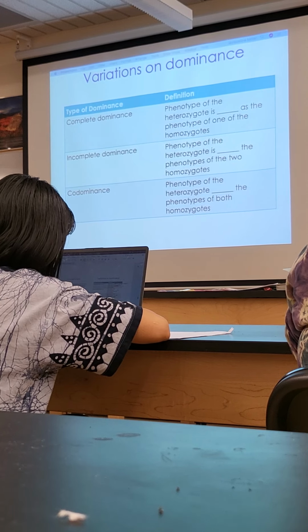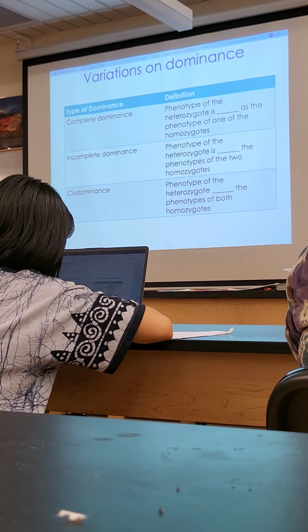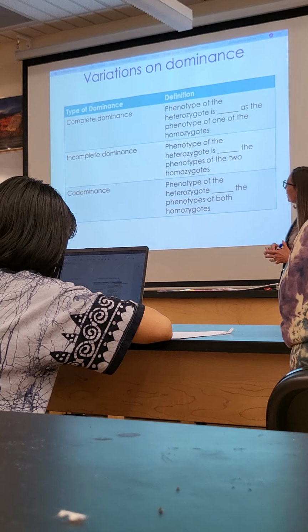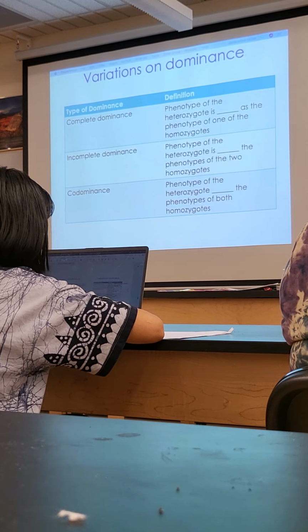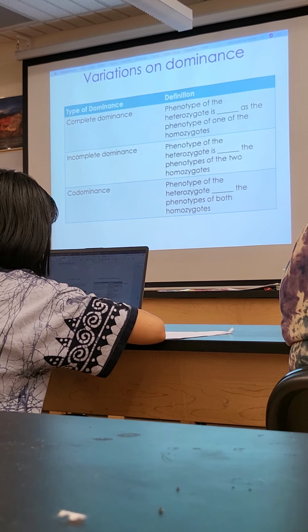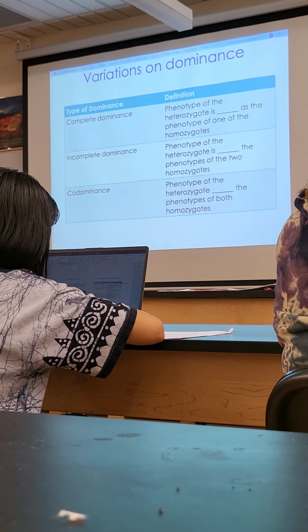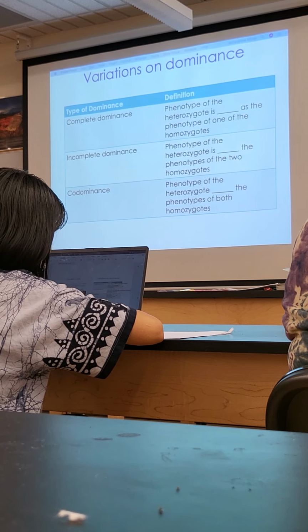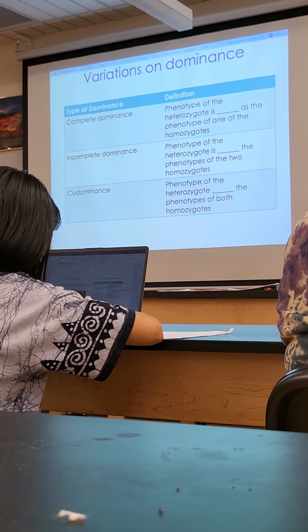Incomplete dominance: the phenotype of the heterozygote is blank the phenotypes of the two. Mixed, you could say intermediate, or in between the phenotypes of the two homozygotes. It's different, right? So now you have a new phenotypic class.